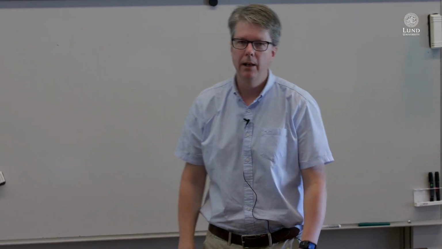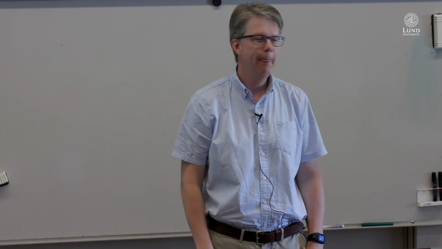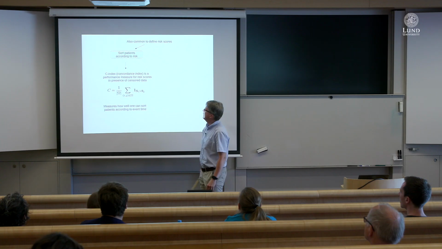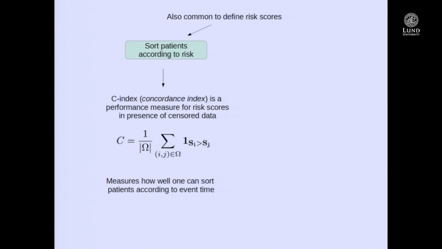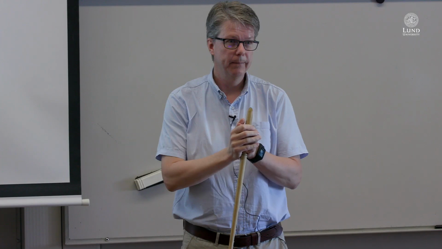If I sort, then I would like to measure how well I am doing the sorting. And there is an index called the C-index, the concordance index. It's a measure of how well I can produce such a risk score. In principle, it has to do with how well I can sort patients according to event time. If I have a very high risk score, it means that patient has a high probability of having an event in a short time.